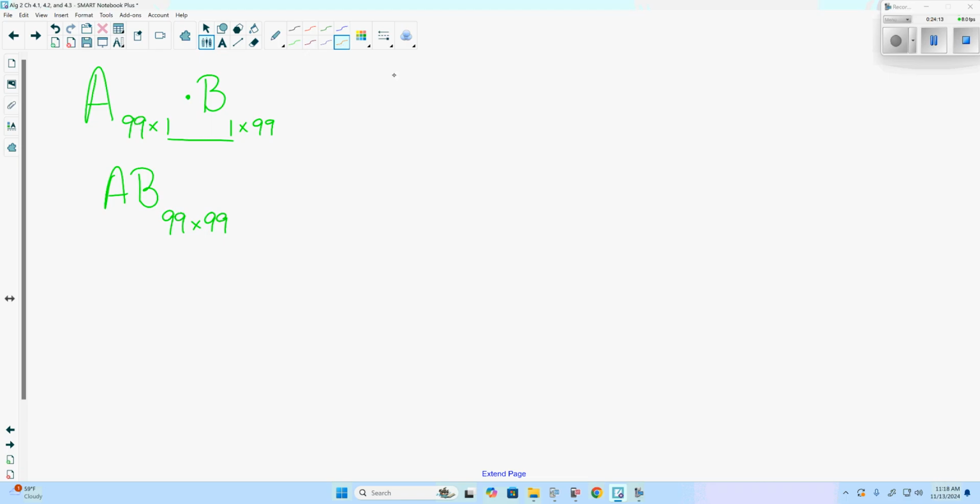I'm going to flip it. Let's say B, which is still a 1 by 99, is being multiplied by A, which is 99 by 1. Can we still multiply these? Well, yes, because our 99 and 99 match. So BA would be a 1 by 1.